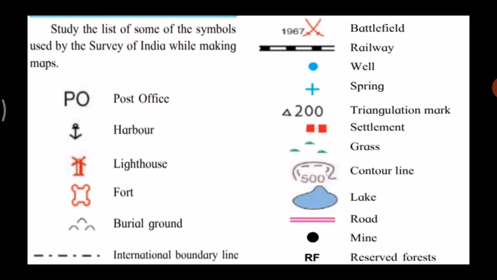The international boundary line is drawn with lines and dots, so it comes under conventional signs. Then there are symbols for battlefield, railway, well, spring, triangulation mark, settlement, grass, contour line, lake, road, mine, and reserved forest. There are both signs and symbols used by the Survey of India in the map.